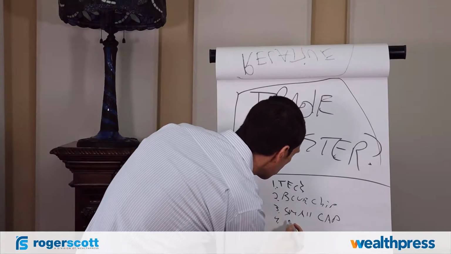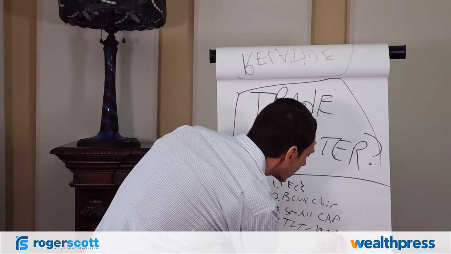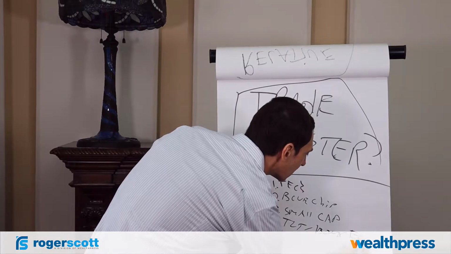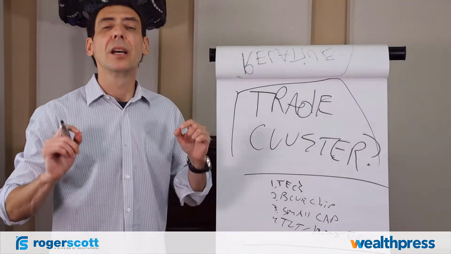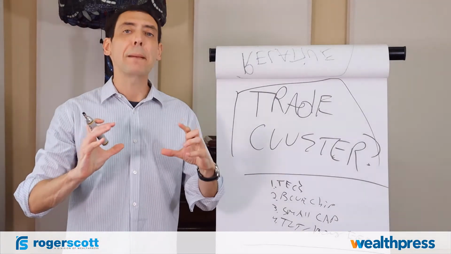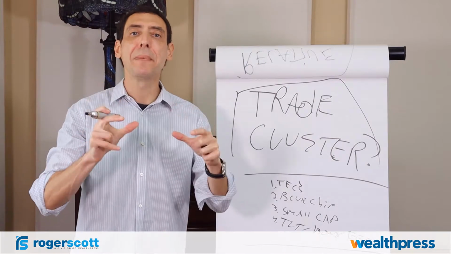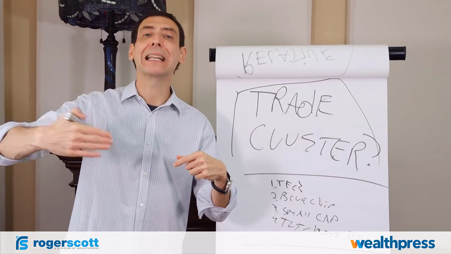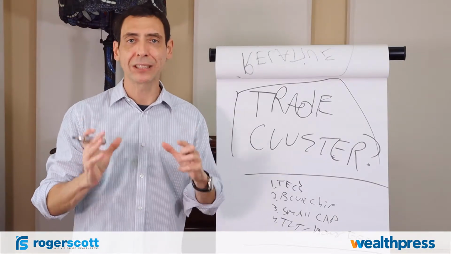And the fourth could be a TLT, which is a bond ETF. So again, we're looking to diversify by creating clusters. Each cluster is a perfect cocktail that's mixed for the next week or the next day or the next cycle. So remember, don't put all your eggs in one basket.